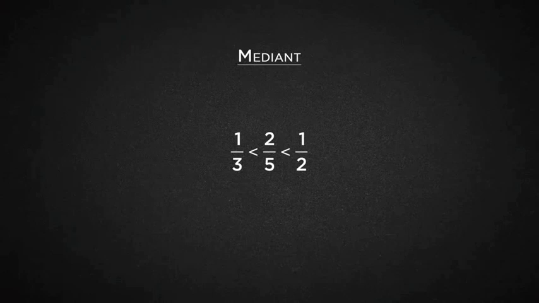For example, the fractions 1/3 and 1/2, their mediant 2/5 lies between them, right? 2/5 is between 1/3 and 1/2. And you could verify that because 1/3 is 0.333 something, 2/5 is 0.4, and 1/2 is 0.5.